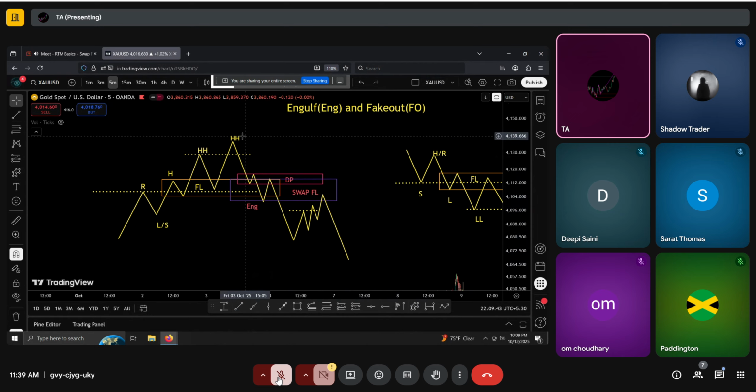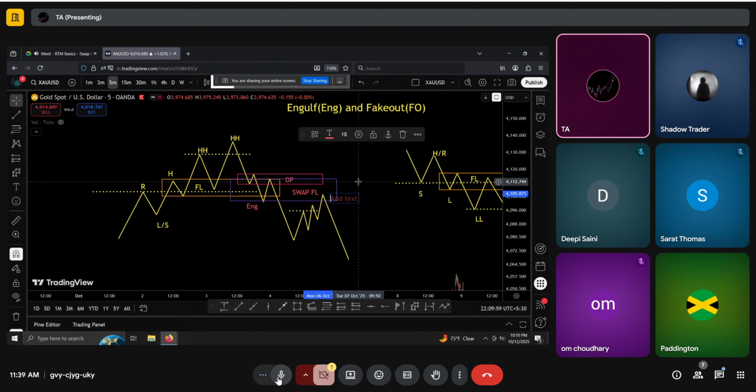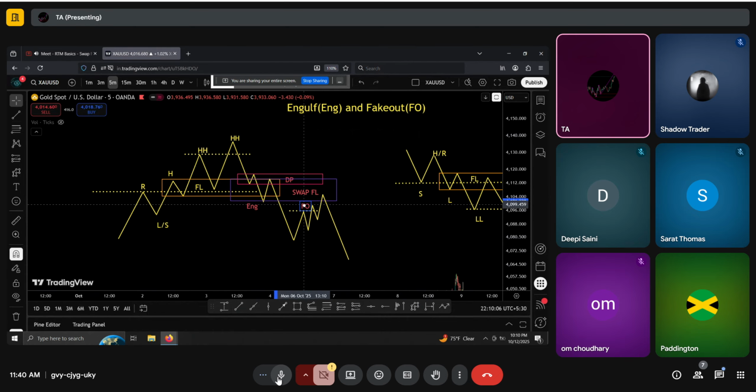Now do you see this? Either there was a level in history on the left side to fake out, or the price will create a structure where it will give the impression of a fake trend. This will be our fake out. Fake out of this level. This can be one wave, two wave, or three wave, or just two wave is also possible.